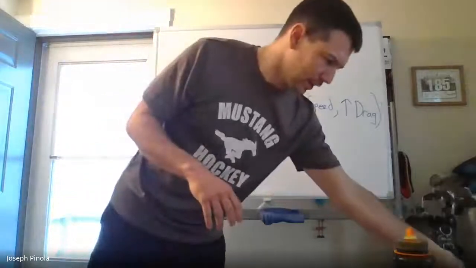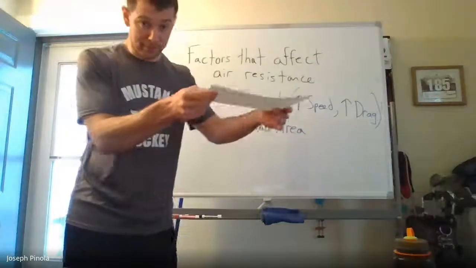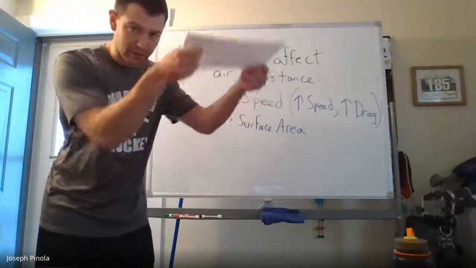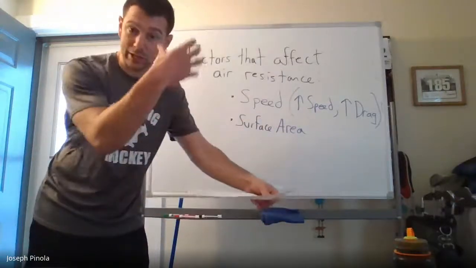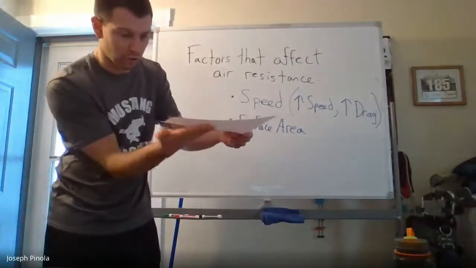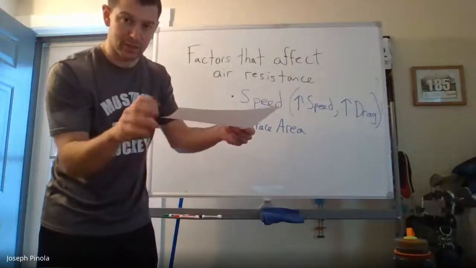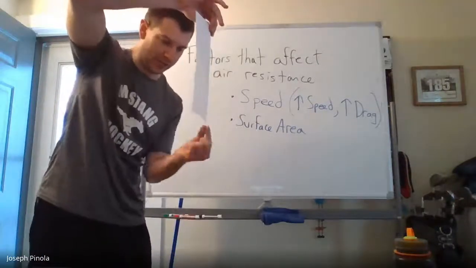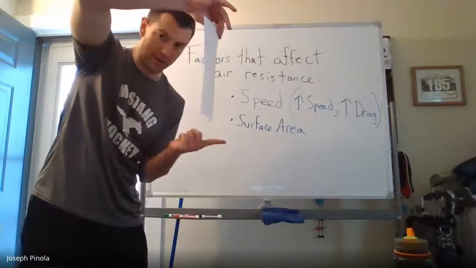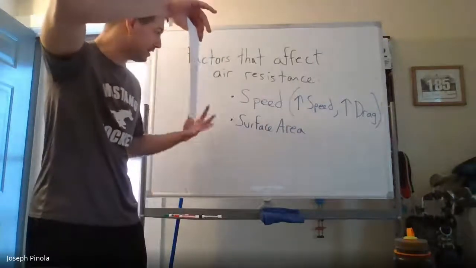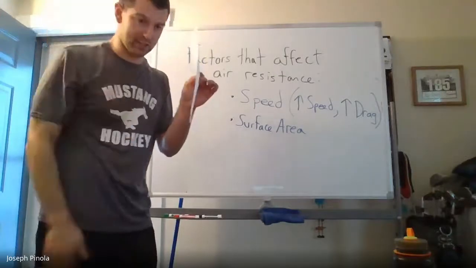For example, if I was to drop this piece of paper flat like this, it would have this whole area moving in the direction downwards that it was going. And so air resistance would have to push against this whole underside of the paper. But if I dropped the paper on its side, it would slice through the air a lot easier, because only this bottom part would be the surface area that would be working against the air resistance in this case.